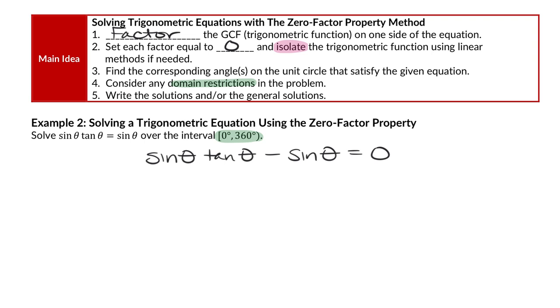The zero product property can only be used when it's set equal to 0. Do you see how the first term and the second term both have sine? We're going to factor out sine of theta. That means I'm taking the sine of theta away from each term and seeing what's left over. Well, if I take sine of theta out of sine theta tangent theta, what's left?